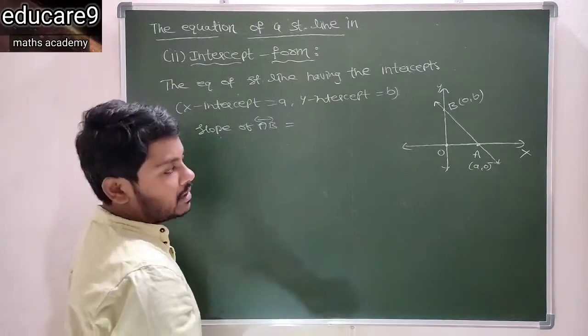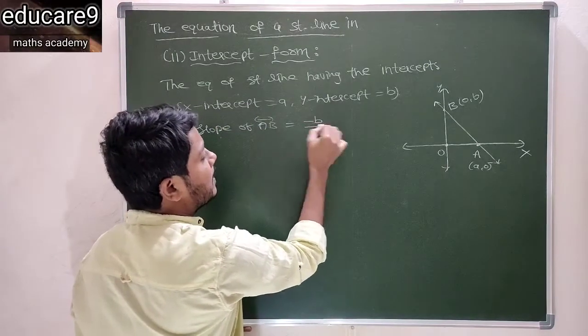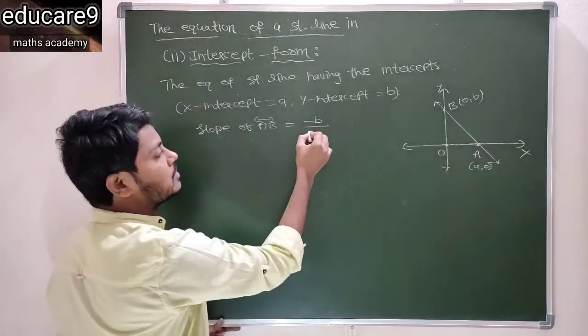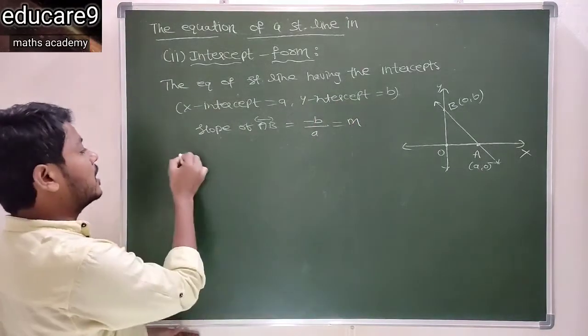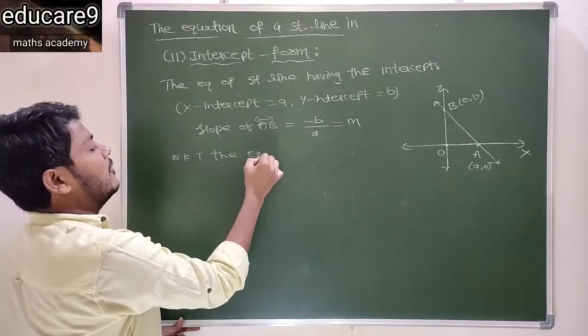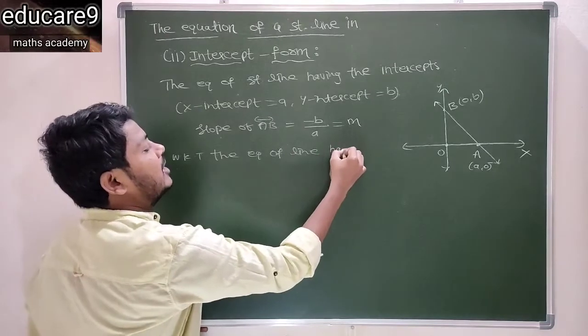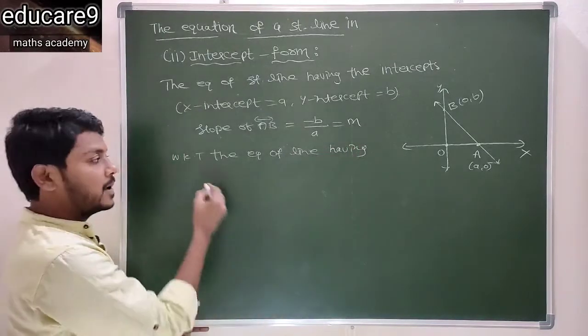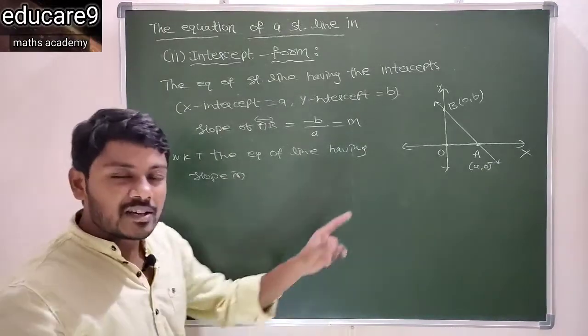y2 minus y1, that is 0 minus b by a minus 0, a. So clear, this is m. So you know that the equation of a line having slope m, and what is the y-intercept here?